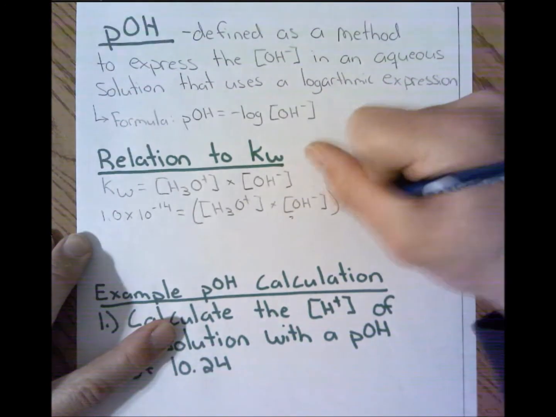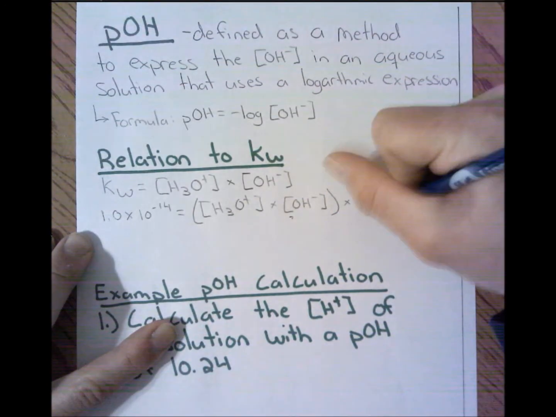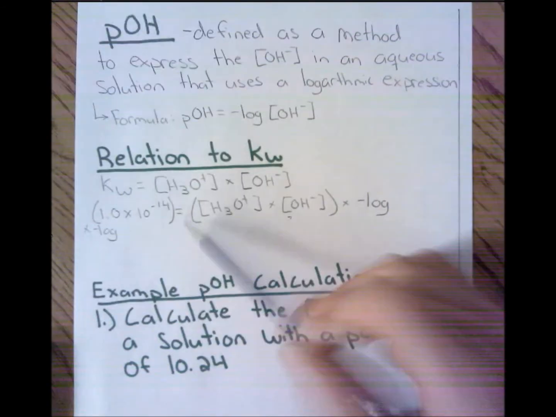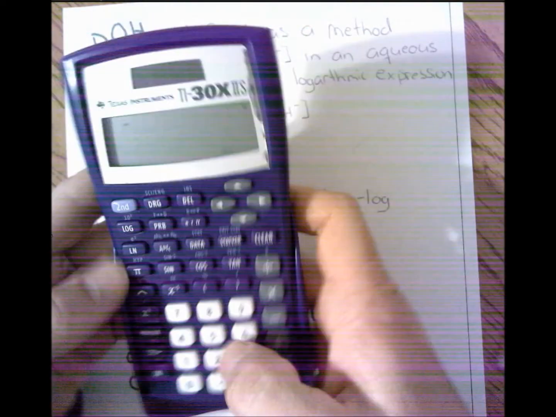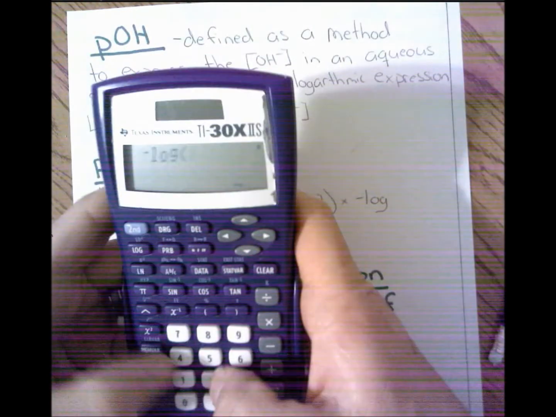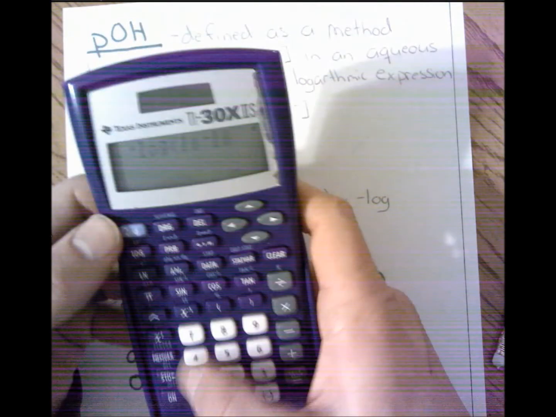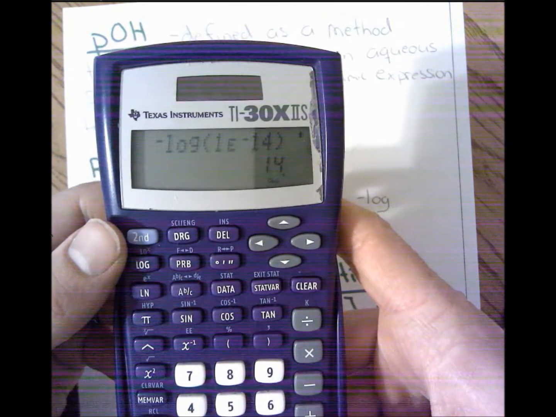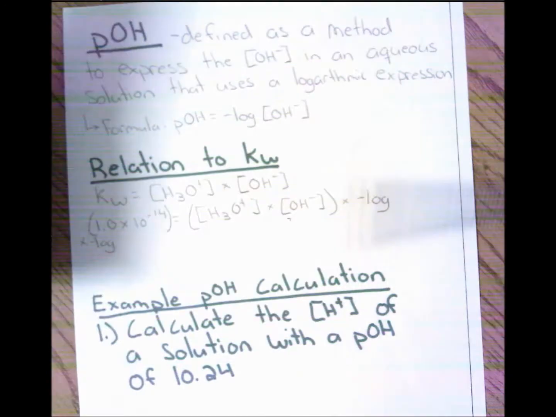I'm going to run out of room here down below. But when I do this, instead of putting just the negative log of that number, let's put that into a calculation. So we get negative log of 1 times 10 to the negative 14th, close the parenthesis, and we get a value of exactly 14.